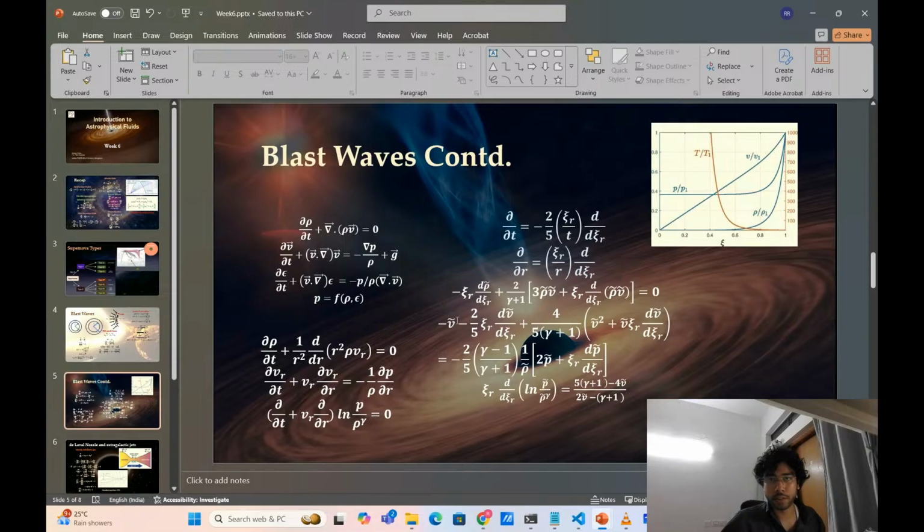This is the first equation, second, and this is the third, right? You just have to substitute del del t with this thing here, del del r with this thing here. Okay. I'll just show how we can do this for one of the equations. Let's say the continuity equation, but you can do the same for the other equations. So let's do it for the continuity equation.